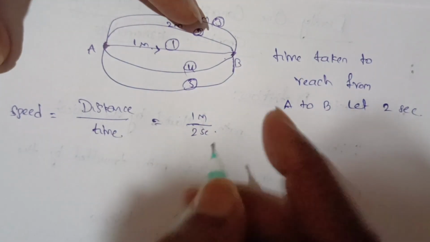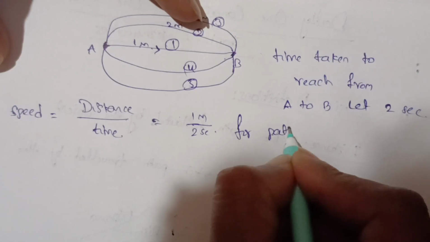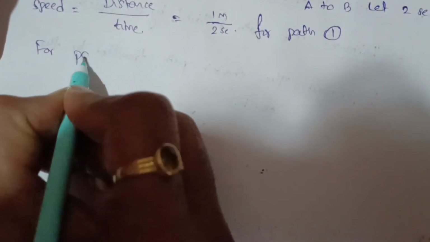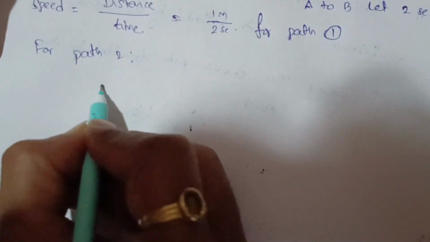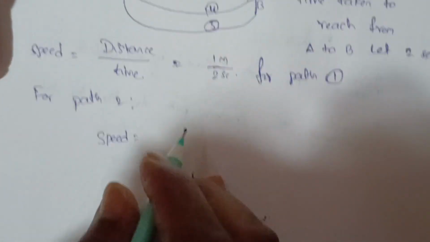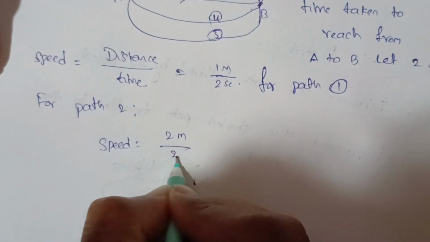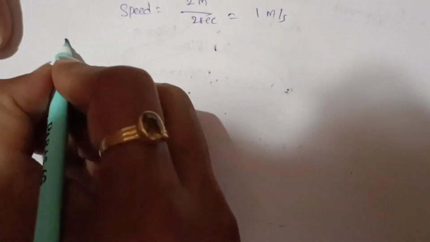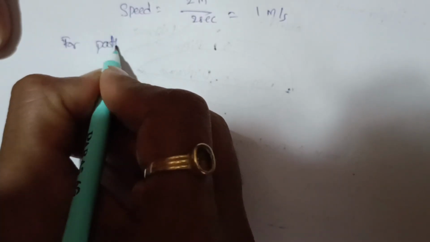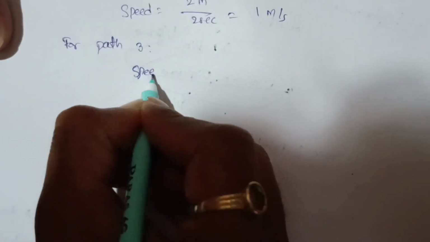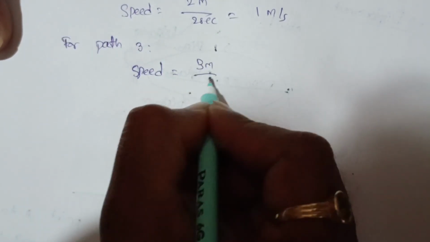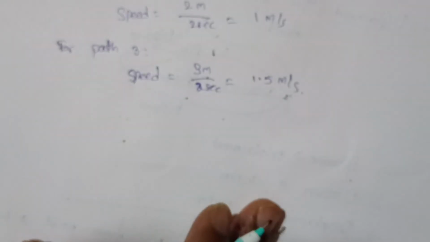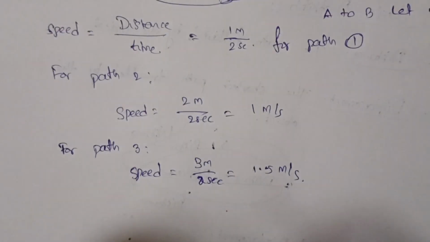For path 2, speed is equal to the distance covered, 2 meter by 2 seconds, that is 1 meter per second. Similarly for path 3, speed is 3 meter per 2 seconds, that is 1.5 meter per second. This is how we need to find speed values.